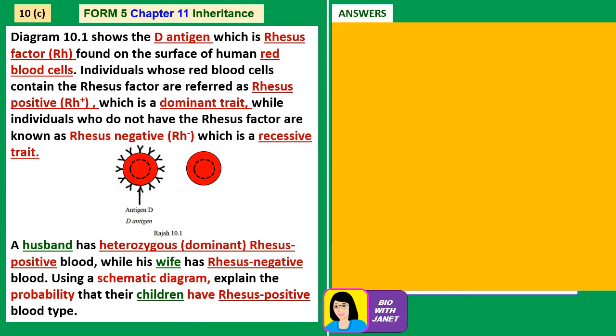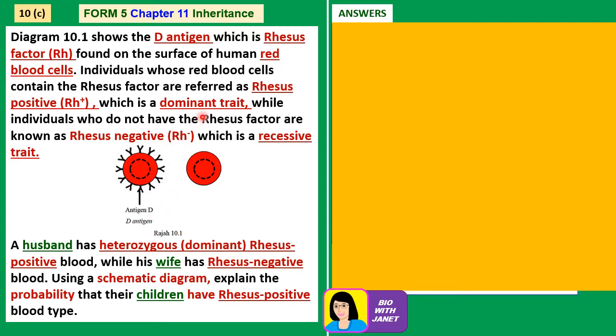Diagram 10.1 shows the D antigen, which is the rhesus factor, found on the surface of human red blood cells. So this Y-shaped structure is the antigen D, or rhesus factor. Just remember, it's a type of protein.